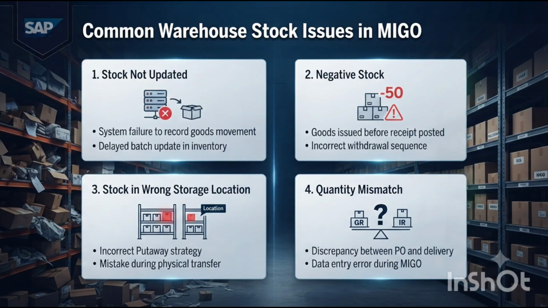These four issues are responsible for most of the complaints from warehouse teams. In the coming slides, we will examine each one in detail and learn exactly how to fix them. Understanding these problems is the first step toward becoming confident in handling MIGO transactions. So let's go through the first issue.